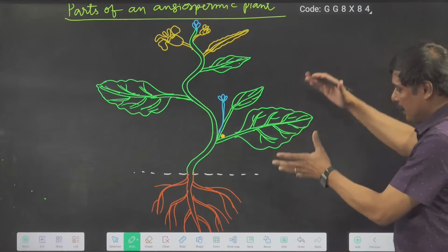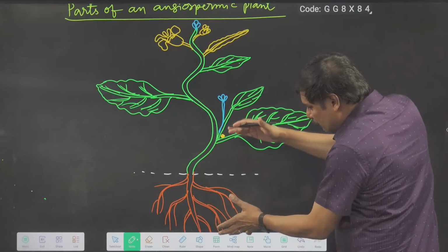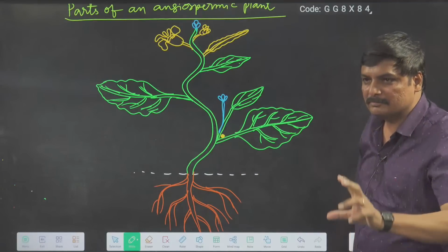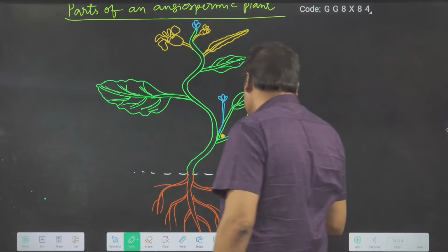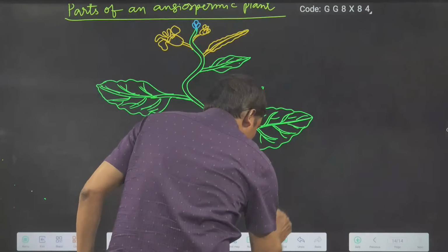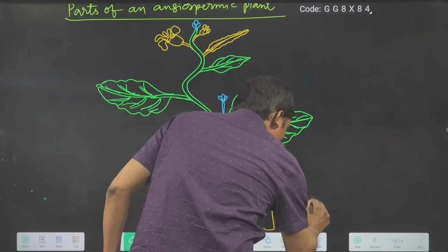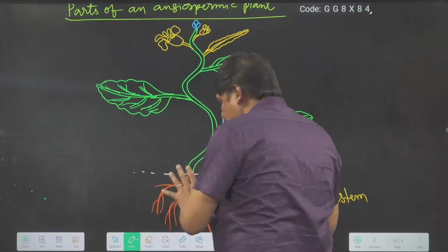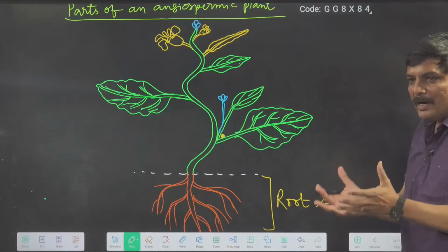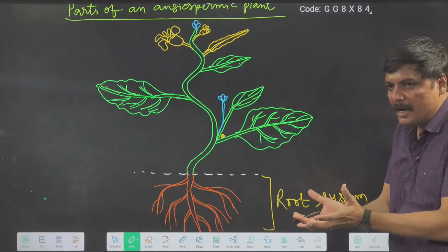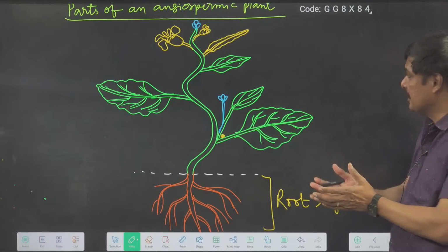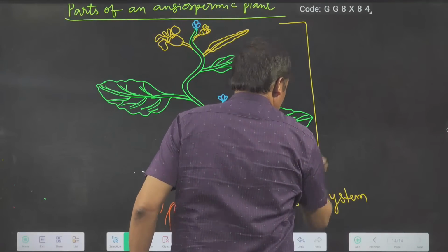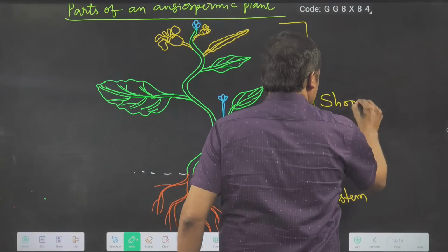The part of the plant which grows below the soil, or simply the underground part of the plant, is called root system. And the part of the plant body that is present above the ground is called shoot system.